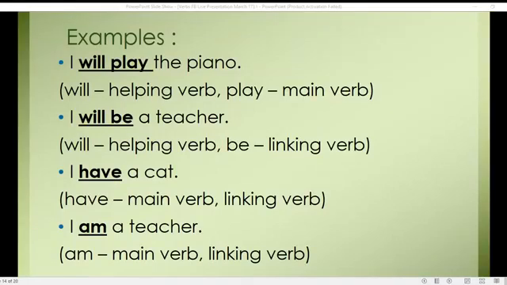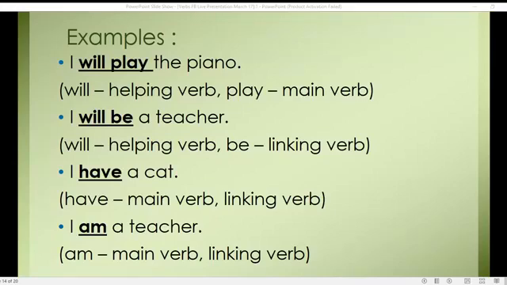So, let us have, I have a cat. So, bakit iisa lang? So, have can be simplified as the main verb and a linking verb if there is an inadequate usage of the verb.